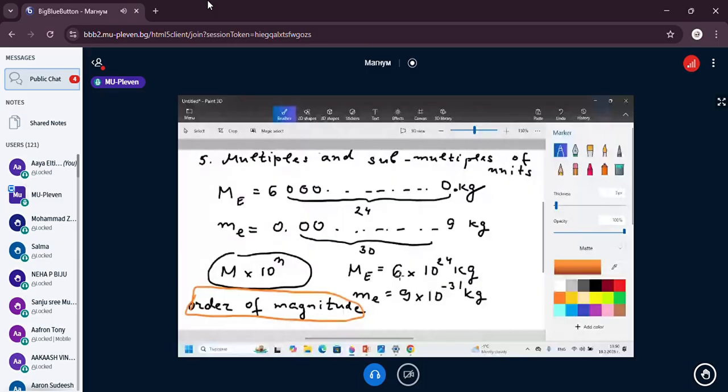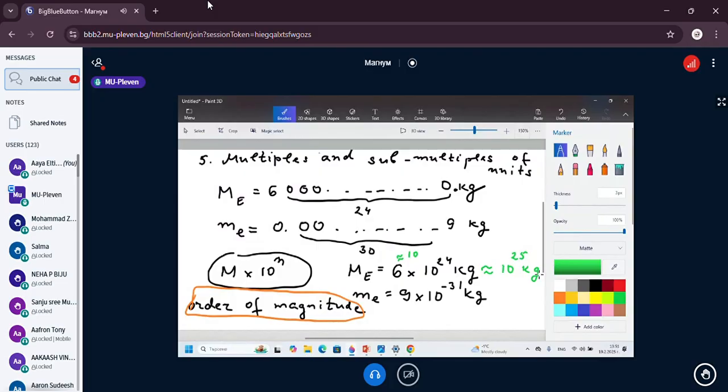So that 6 is above 5, which means that we can approximate it to 10. 10 times 10 power 24. But see, I'm not going to use the sign of equality, but of approximation. Approximately 10 power 25 kilograms.